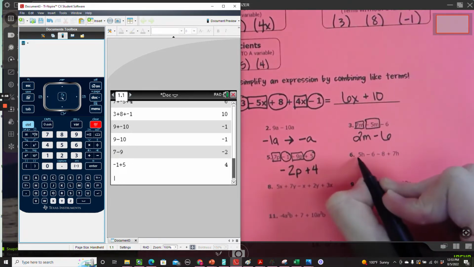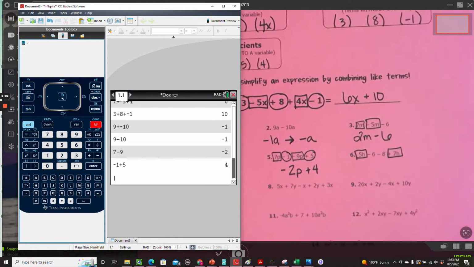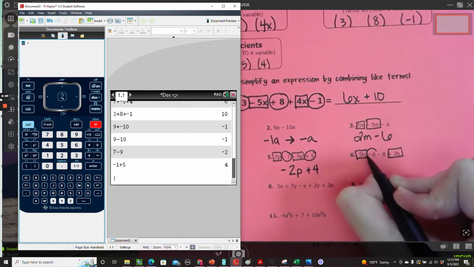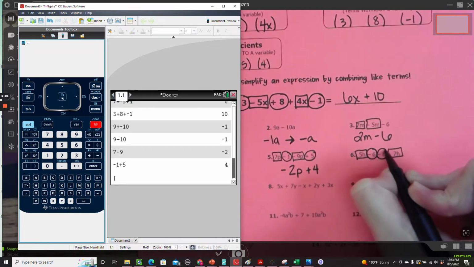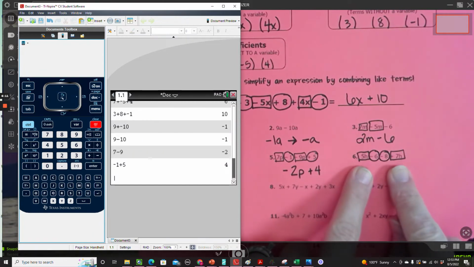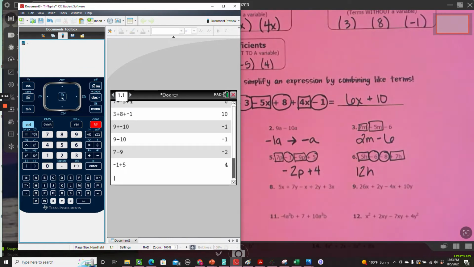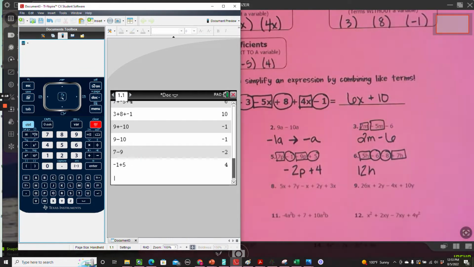All right, number 6, like terms, 5h and positive 7h are like terms. Constants, negative 6 and negative 8. So letters first. 5 plus 7 is 12. Tack that common variable onto the end. Here I've got negative 6 and a negative 8.